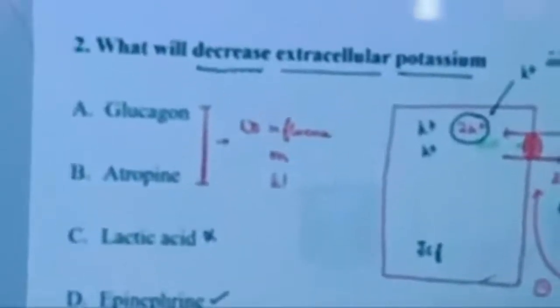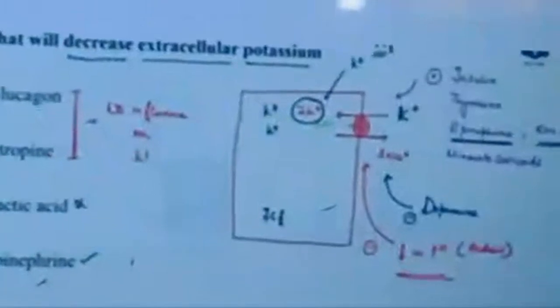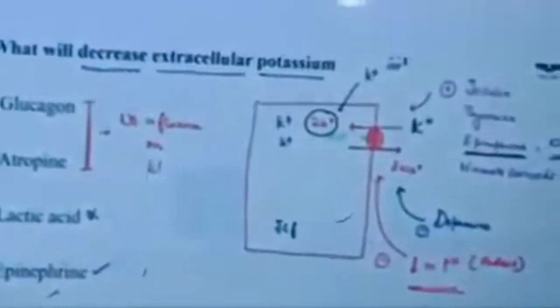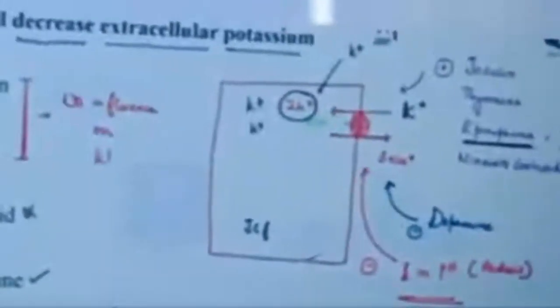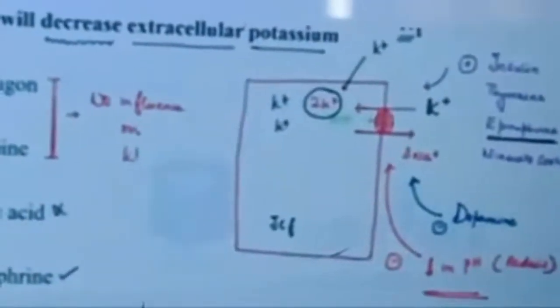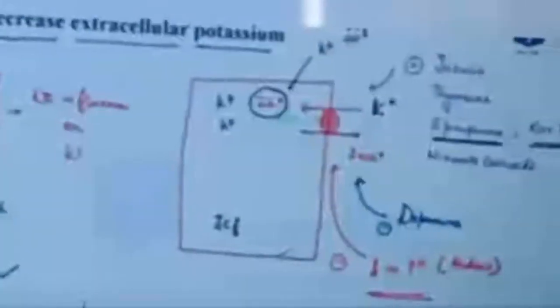Okay, so here the answer will be epinephrine. You can see in the diagram, this is potassium inside the cell and potassium outside the cell, which is transferred through the Na plus K plus channel, and here the insulin causes an increase in intracellular potassium level. Okay, and epinephrine causes an increase in extracellular potassium level.